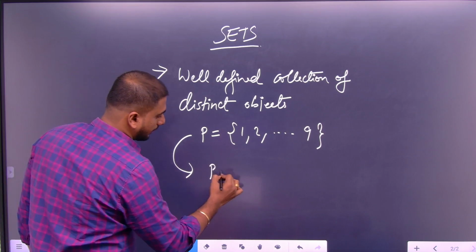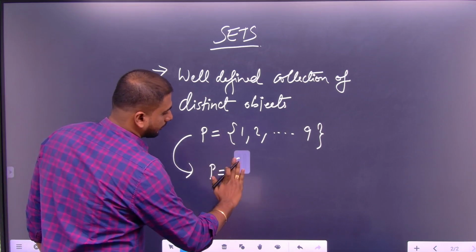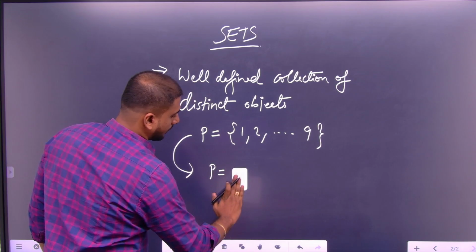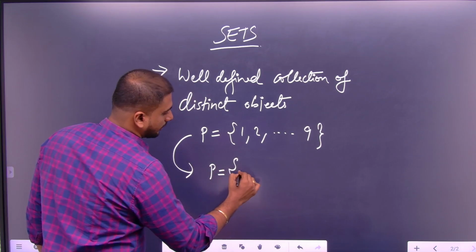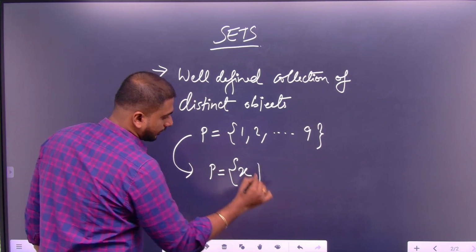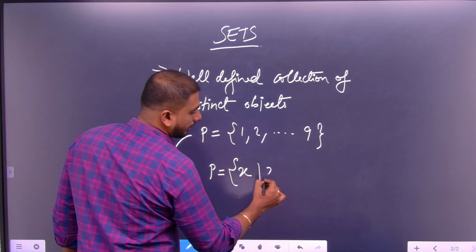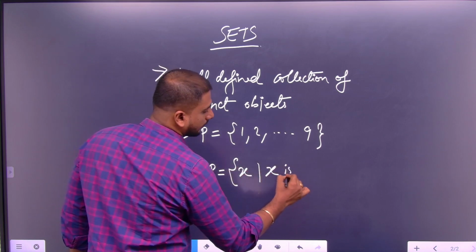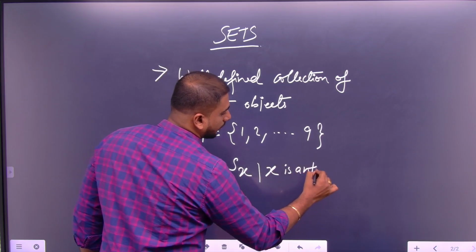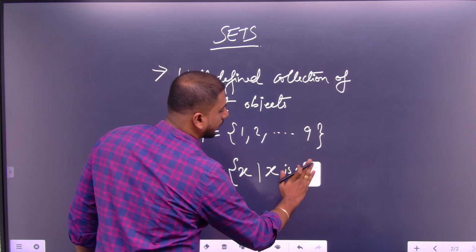So P can be written as a variable, let's take it to be x, such that x is a natural number, let's take another statement.